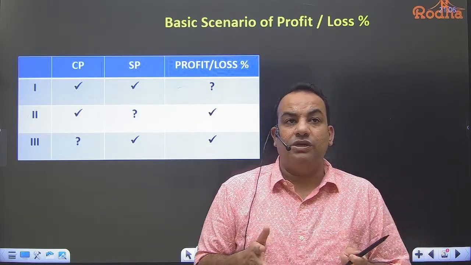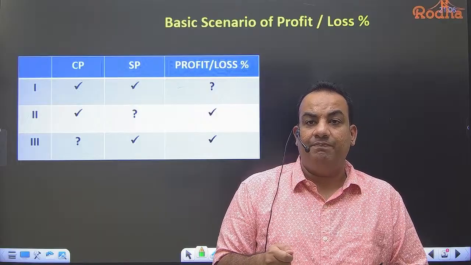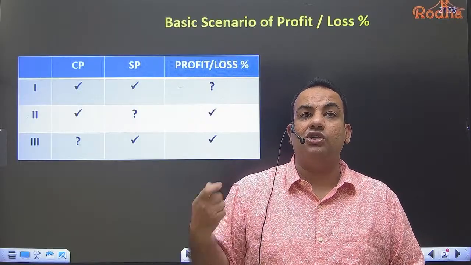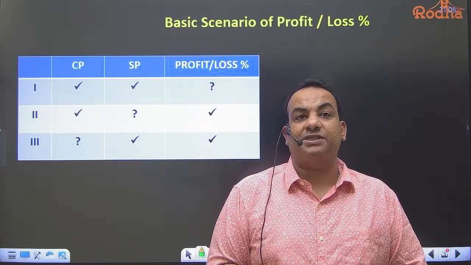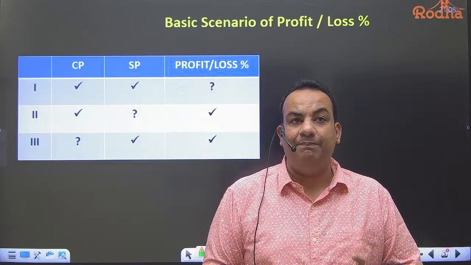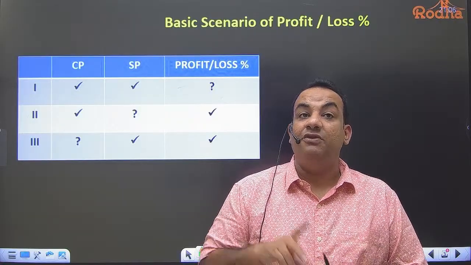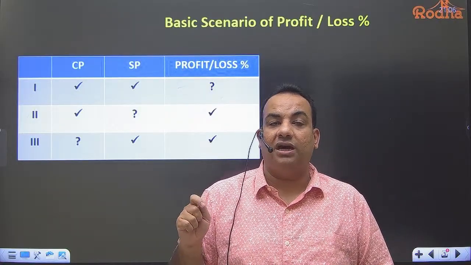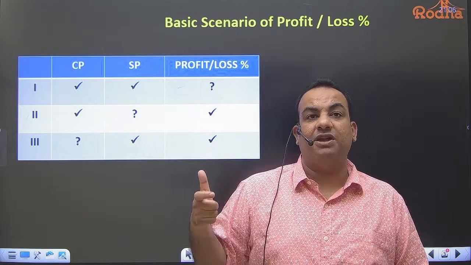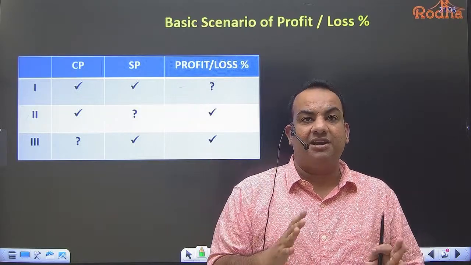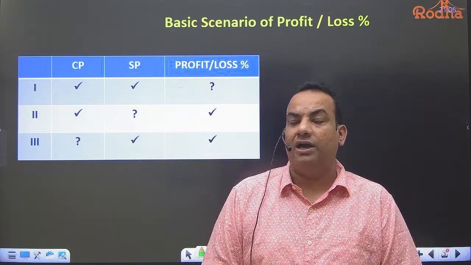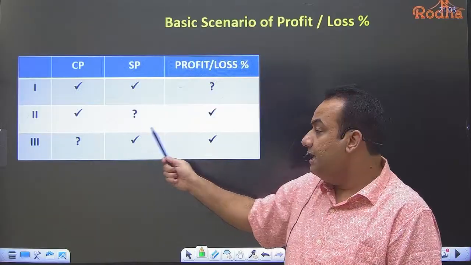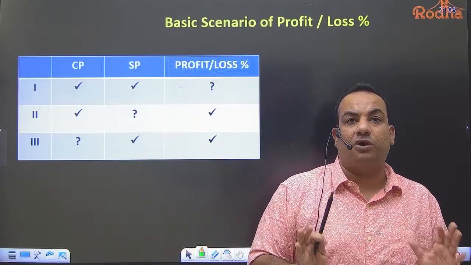So अगर मैंने कोई चीज 800 की परचेस करी है, 15% का लॉस हो रहा है. 15% of 800 is 120. 800 का परचेस करा, 120 का लॉस हुआ, तो कितने में सेल करा? 680.